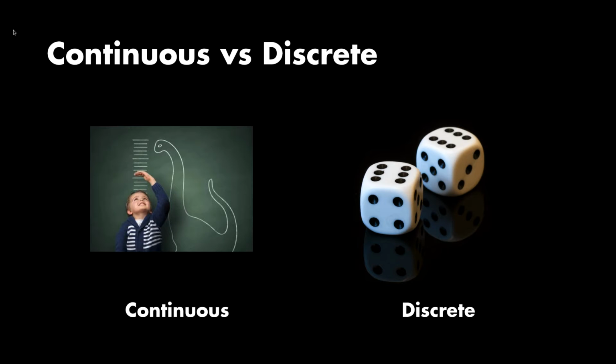Also, this is one other difference before we get into the actual implementation. I need to mention the difference between continuous and discrete when it comes to machine learning. So we have two different types of data components.